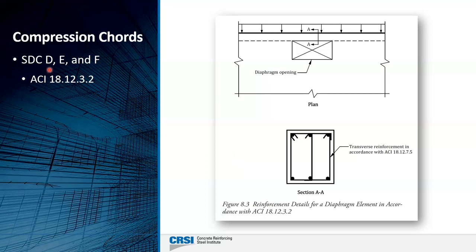It kind of makes sense, right? For seismic design categories D and above, you can have some fairly significant compression forces. This just ensures that we're not going to have any issues due to those larger forces.